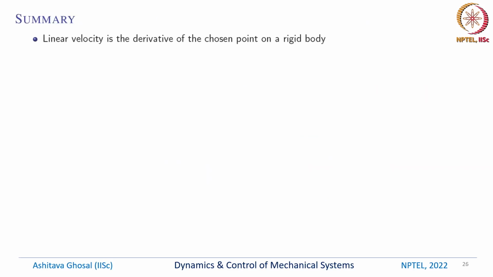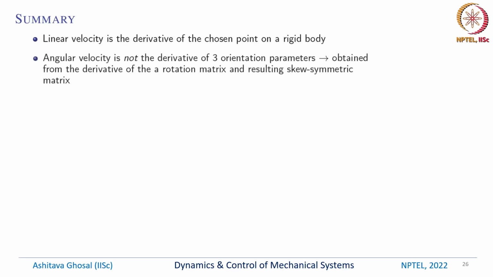So in summary, the linear velocity is the derivative of the position of a chosen point on the rigid body. The angular velocity is not the derivative of three orientation parameters. So if you had x, y, z Euler angles, let's say theta 1 about x, theta 2 about y, theta 3 about z, the three parameters are theta 1, theta 2, theta 3.